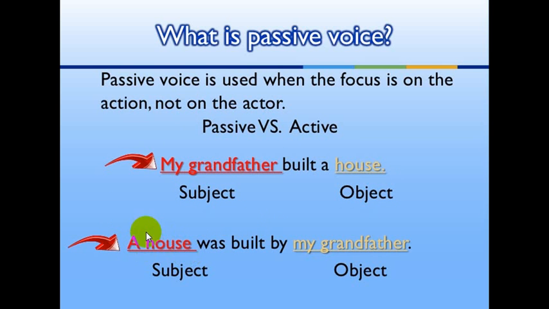So according to the subject here, a house, this is singular, not plural. A house was built. Built here is the past participle of the verb build. Yes, built, built, built. So, a house was built by my grandfather. The subject here of the active sentence becomes the object of the passive sentence.